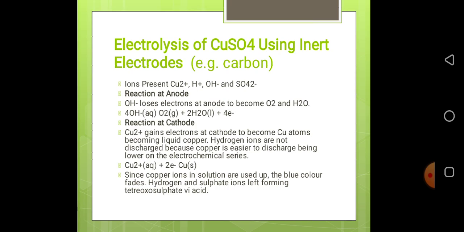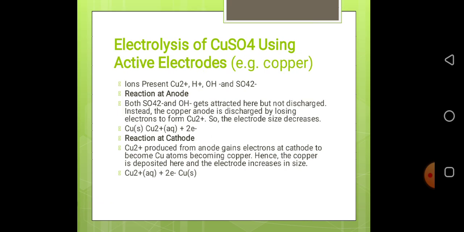Copper 2 plus plus 2 electrons gives copper atom. Since copper ions in solution are used up, the blue color fades. Hydrogen and sulfate ions are left, forming tetraoxosulfate 6 acid.